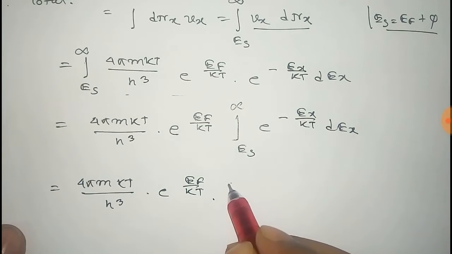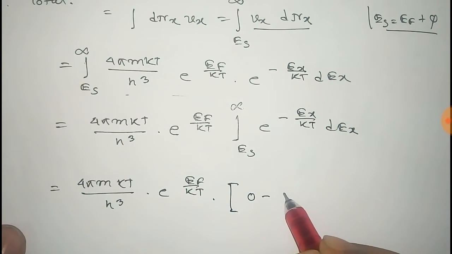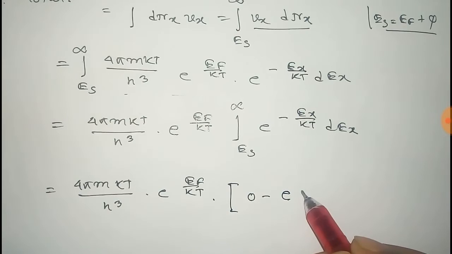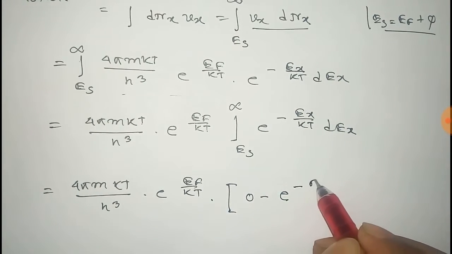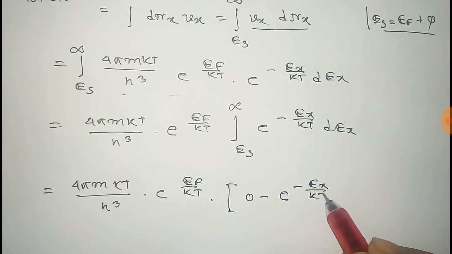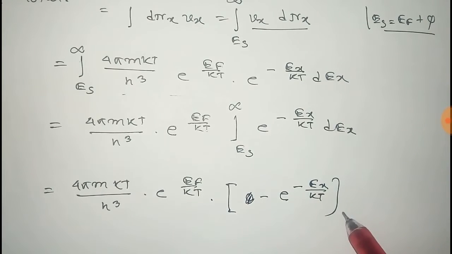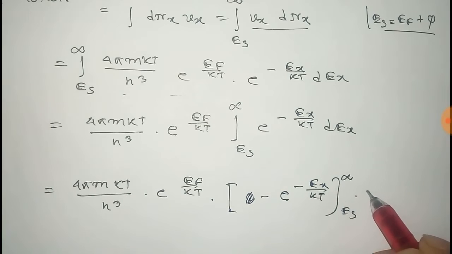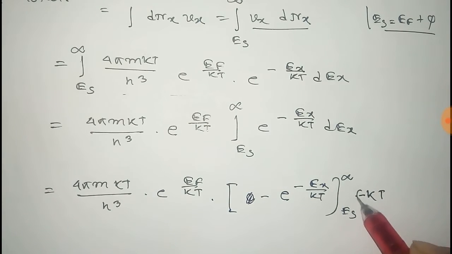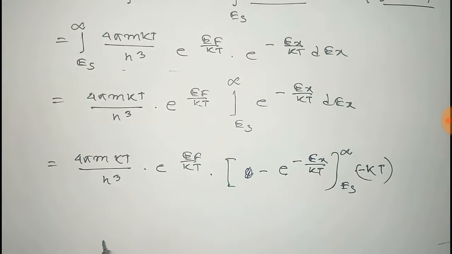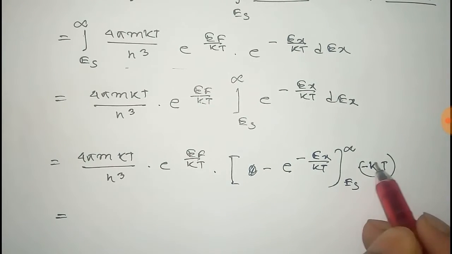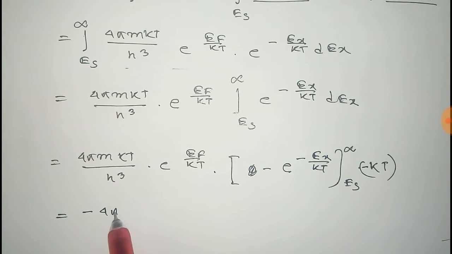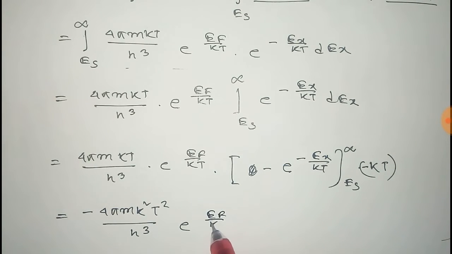The integral of this term is minus kT times e to the power minus Ex by kT with the limits Es to infinity, into the constant. So that equals minus 4 pi m k square T square by h cube into e to the power Ef by kT.